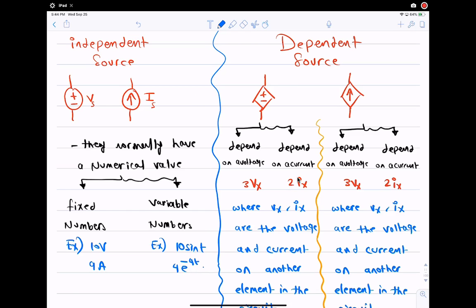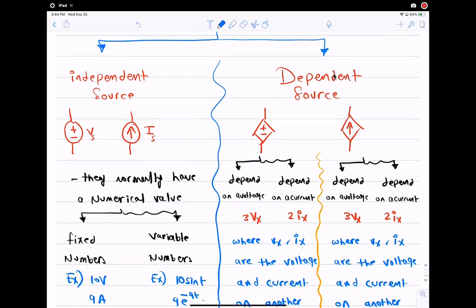Okay, now the second type is a dependent source. A dependent source always takes this shape. It either would be a voltage dependent source or a current dependent source, but there is something really tricky about the dependent sources. Even if it depends on a voltage, let's say here the value of this dependent source is 3Vx, or the value is 2Ix.